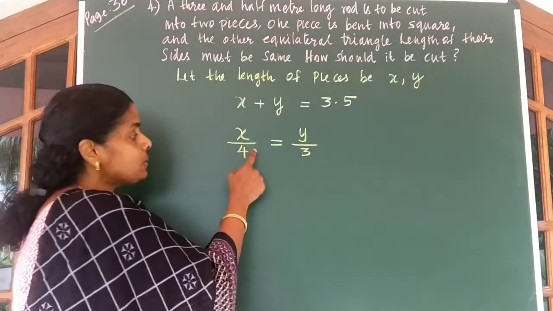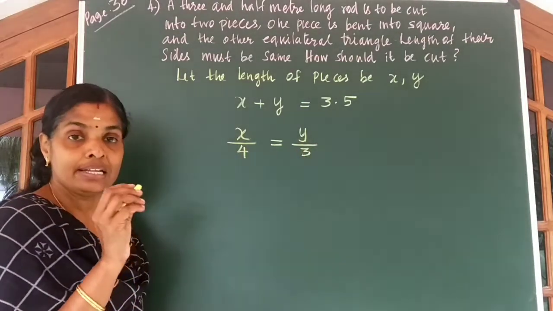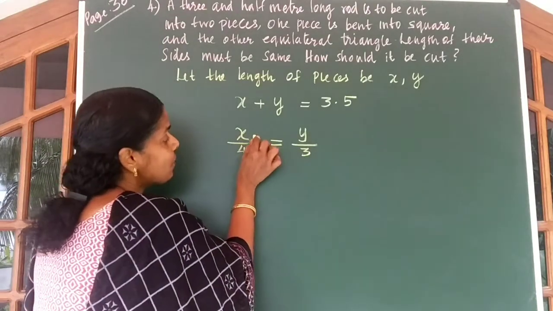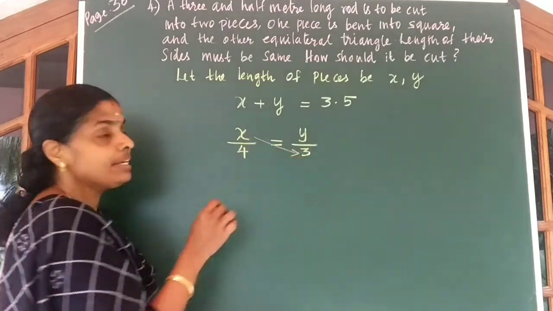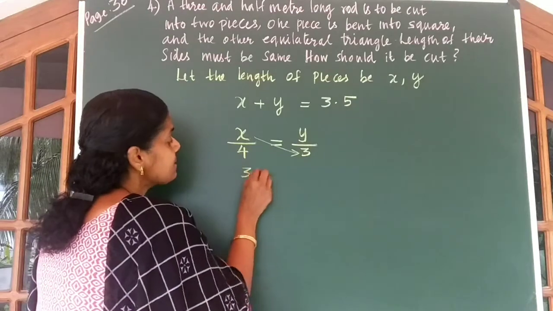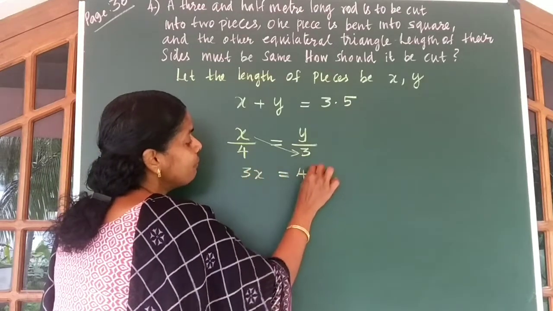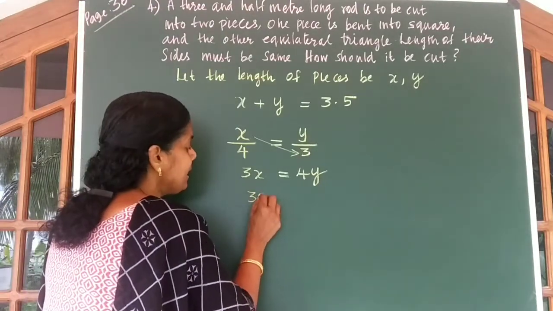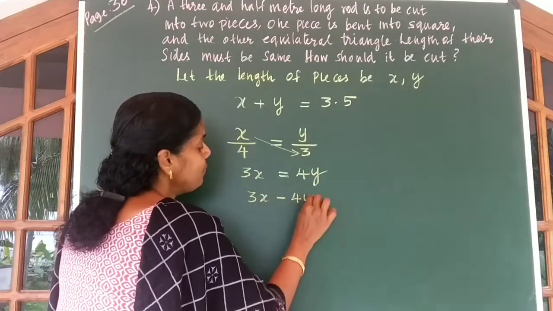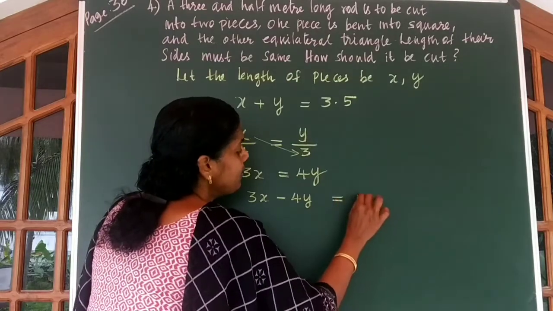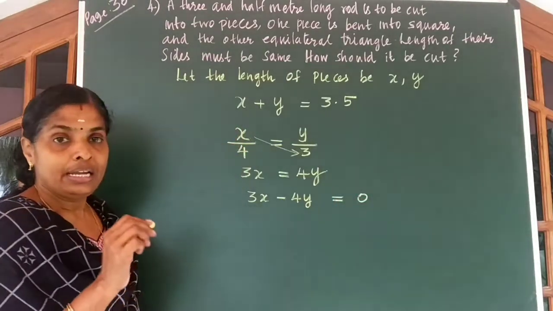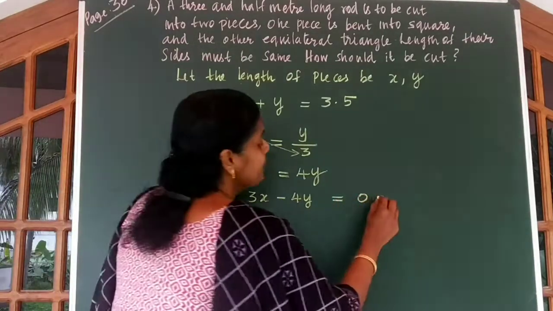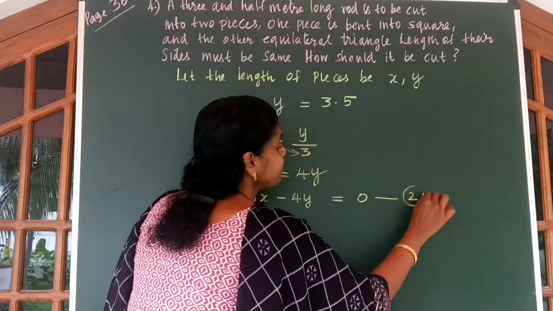Now using this, let us write the second equation. Let us cross multiply so that you get 3x is equal to 4y, or otherwise we can write 3x minus 4y is equal to 0. Let us name this our second equation.